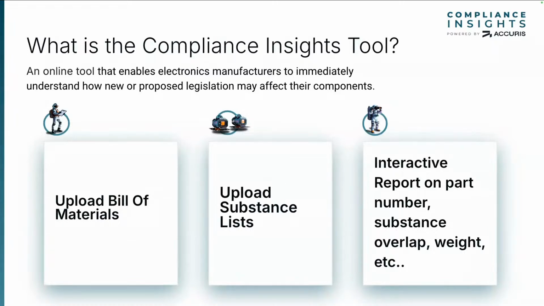And a CAS number is the unique identifier of that substance. And then, Compliance Insights has an interactive report that will provide an analysis of part number, substance overlap, substance weight, etc.